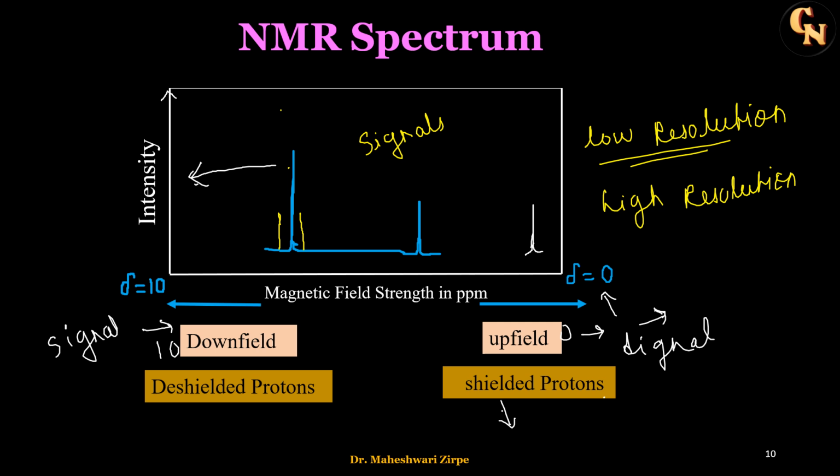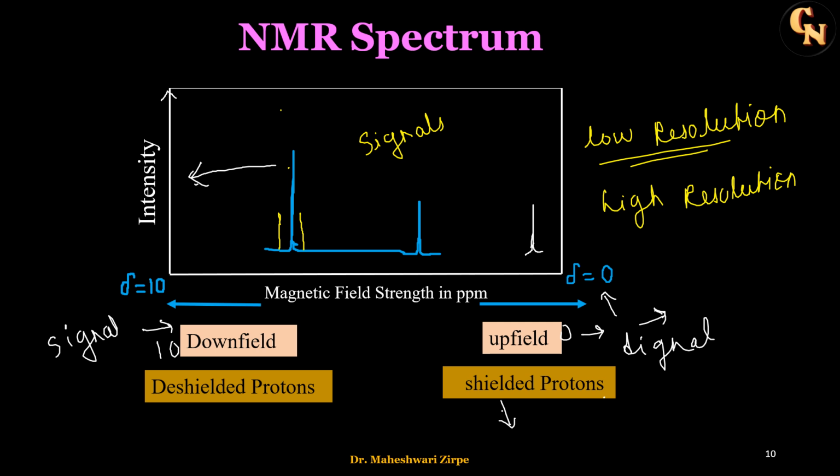Now which protons are de-shielded? Those protons which have neighboring groups that are electron withdrawing groups, or electronegative atoms like oxygen, chlorine, bromine.